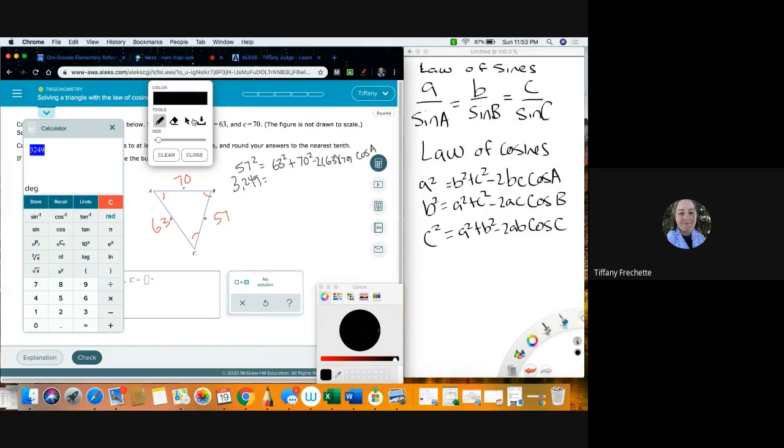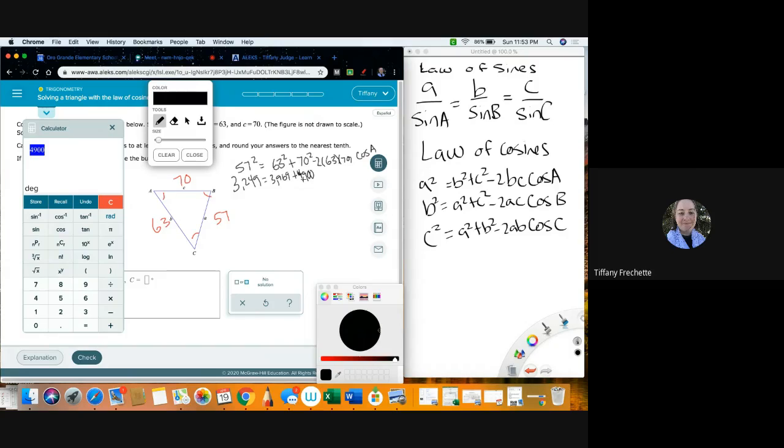All right, so now I'm going to go back, and we can actually put quite a few things in here. So I can do 63 squared, and I'm going to do these in pieces just so that we can see them. So we have 3,969 plus 70 squared is 4,900.